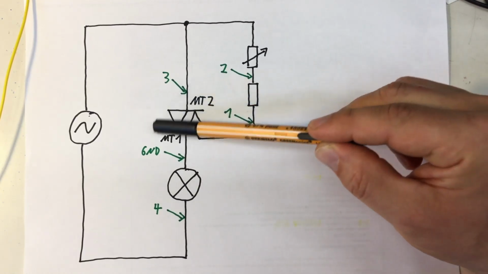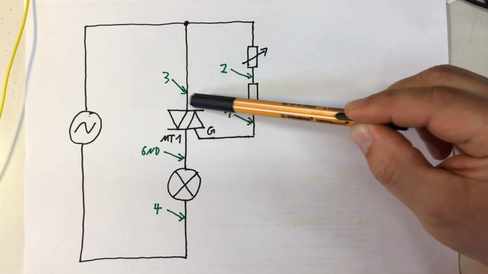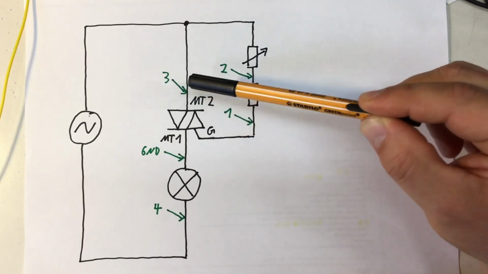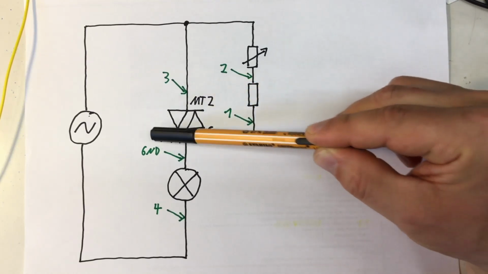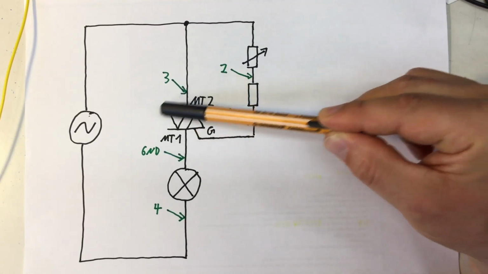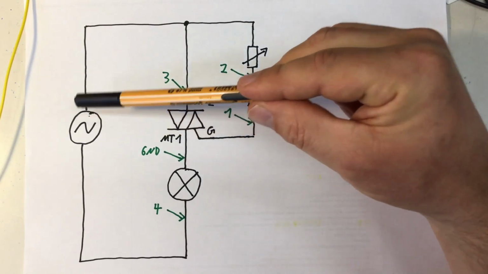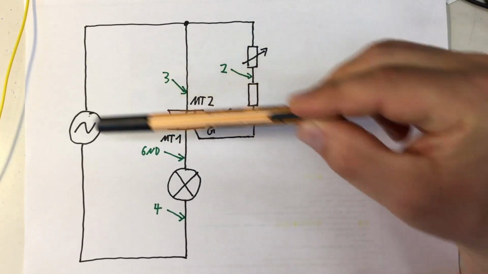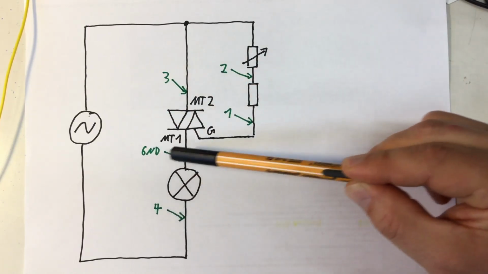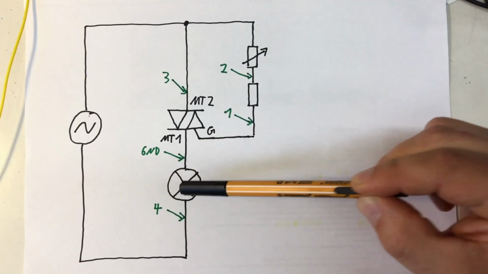But as soon as the TRIAC turns on, I have basically no voltage drop across the TRIAC, maybe a volt or so, and the bulk of the AC voltage is dropped across my load, the light bulbs.